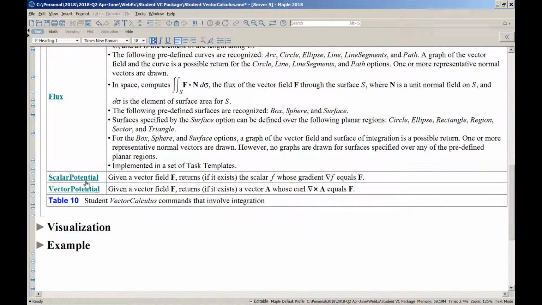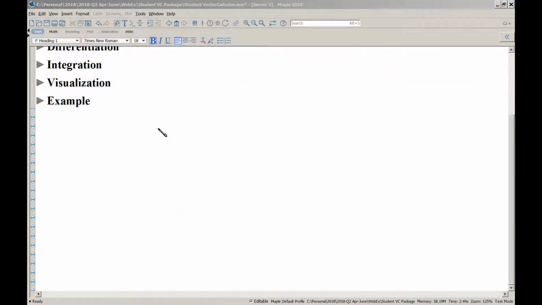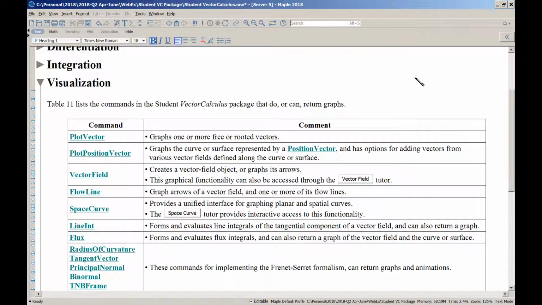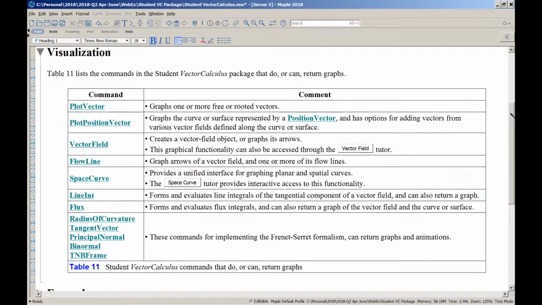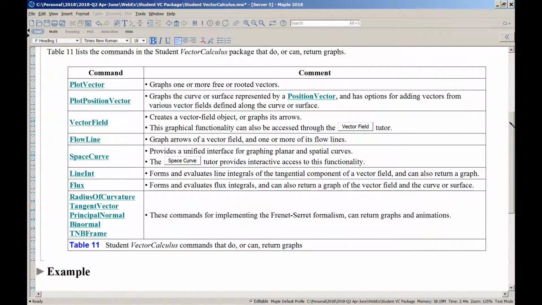Scalar potential, vector potential, there are commands to compute those, and those are essentially integrations. Now, we've already mentioned some commands that will draw graphs. Here is a complete listing of the commands that provide graphs. We mentioned plot vector.